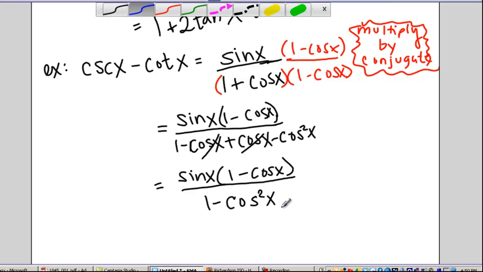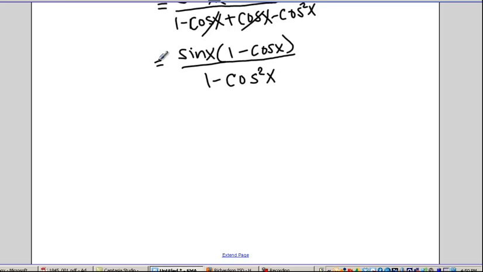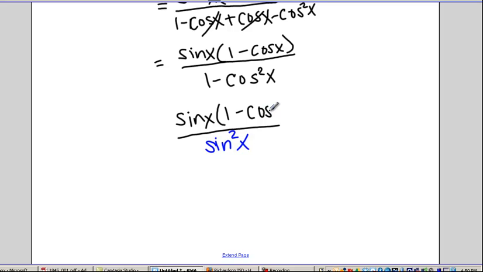Hopefully you've realized that that right there is part of the Pythagorean identity. Okay, so cosine squared plus sine squared equals 1, but what we did was basically solve for sine squared of x. So we have sine x times 1 minus cosine of x. Okay, we have 2 sines on the bottom, so that would cancel with that there. 1 minus cosine of x all over sine of x.